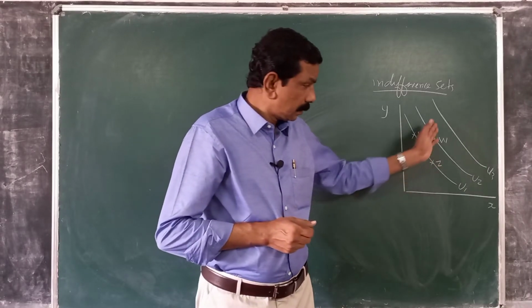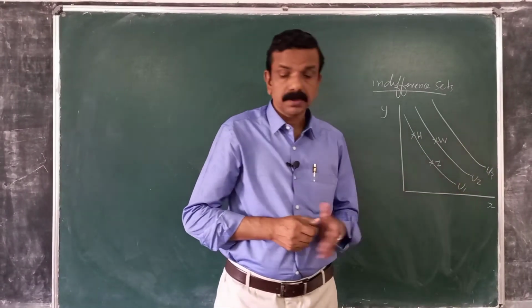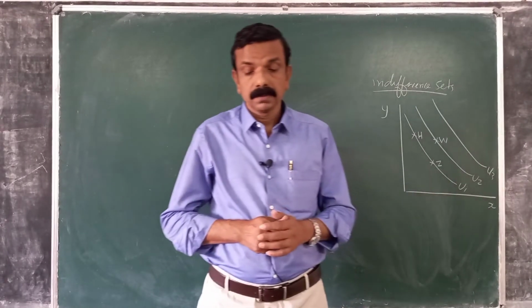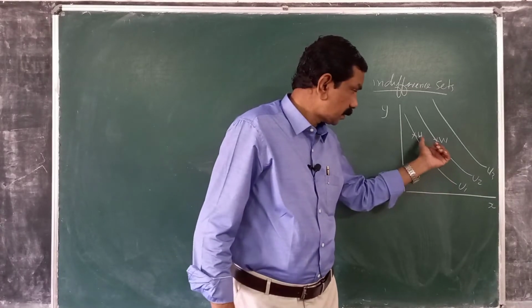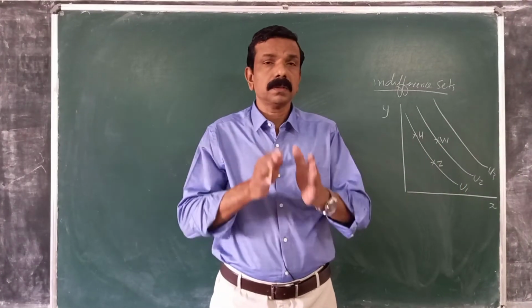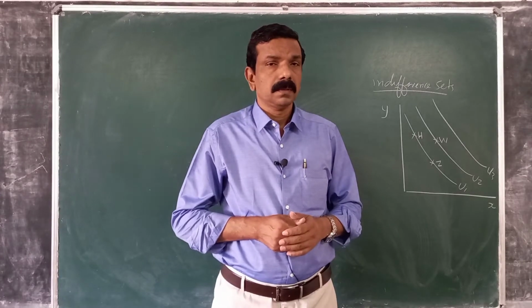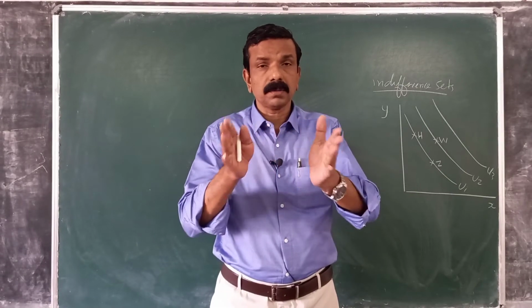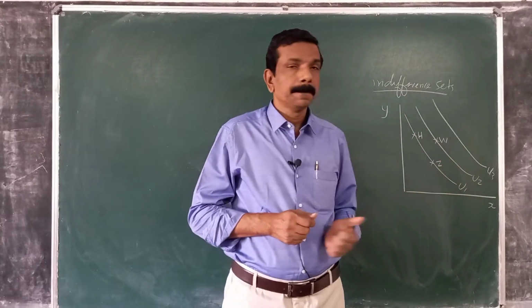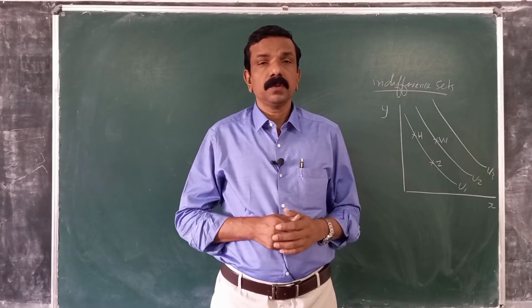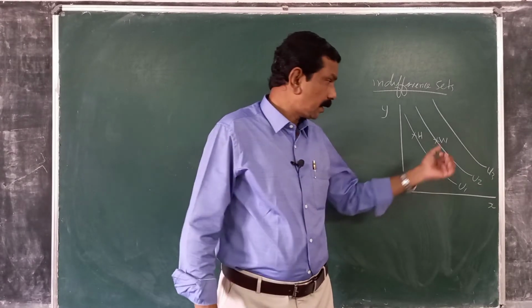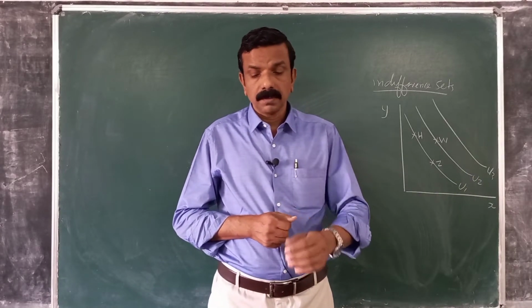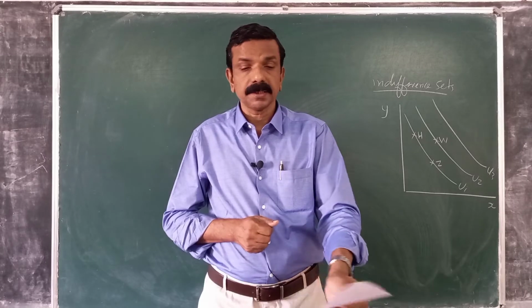The bundles h and z are on the same indifference curve, so these different combinations of x and y give the same level of utility. On the other hand, w is on a higher indifference curve, so w represents a higher level of satisfaction.